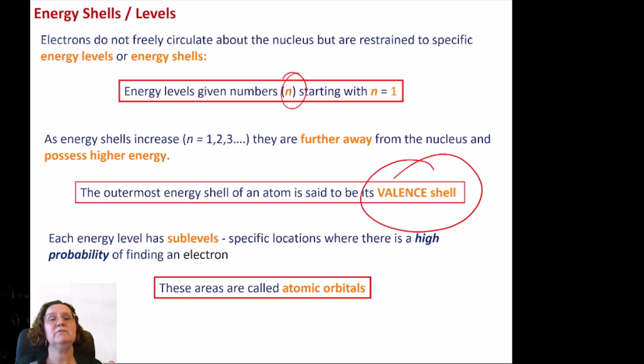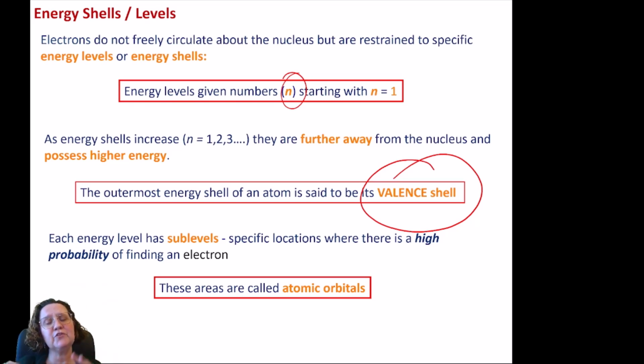Within those energy levels, as much as you don't know where electrons are, they are in specific regions of space. And we define something called orbitals. And orbitals are mathematical solutions of the Schrödinger equation.